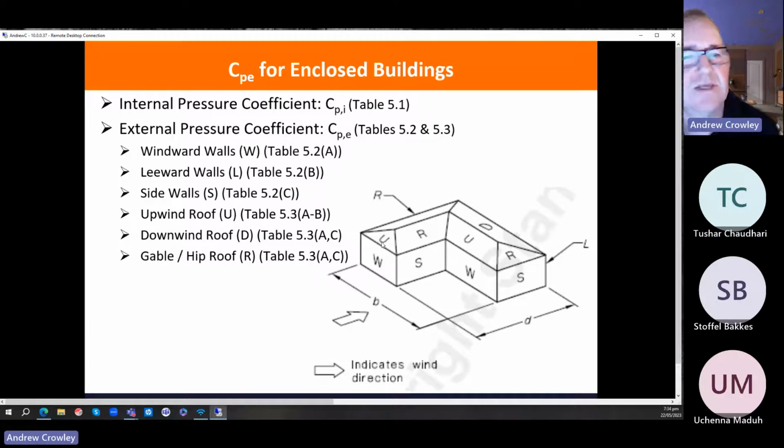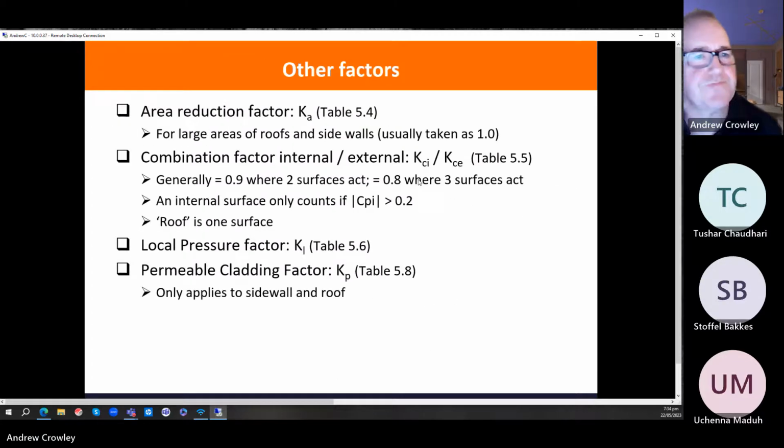These are code named as W and L and S, and are for your roof. The wind over your building can be quite complicated, and I suggest it's useful to have this diagram from the wind code open. Possibly even copy that into your calculations if you're looking at all the wind surfaces.